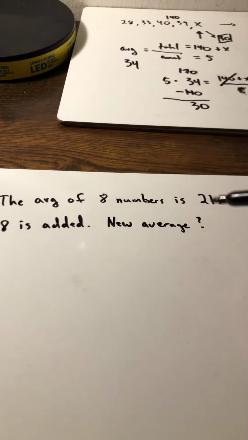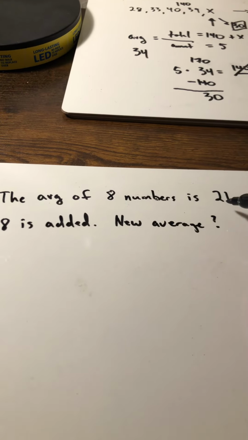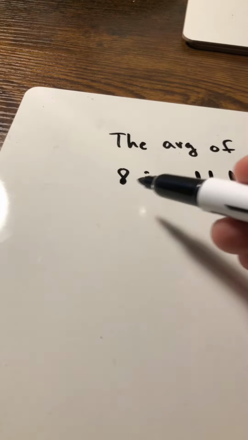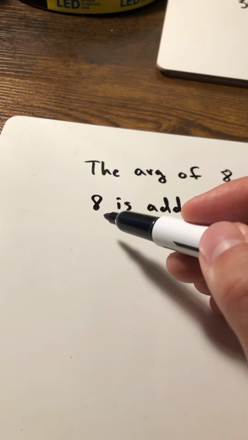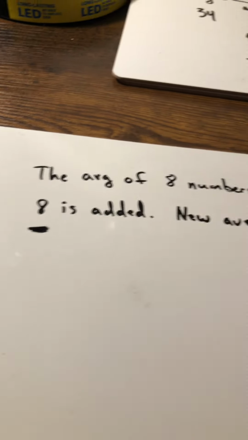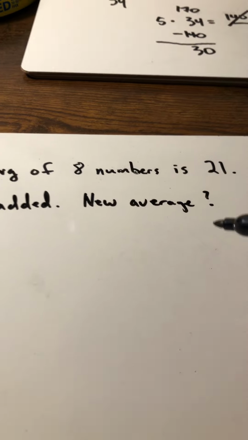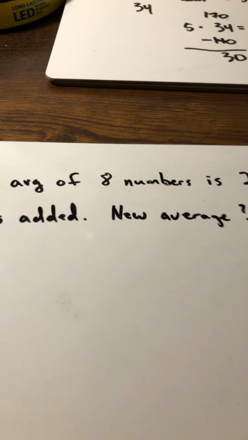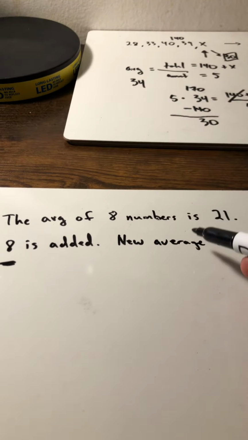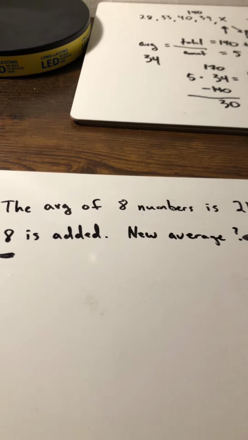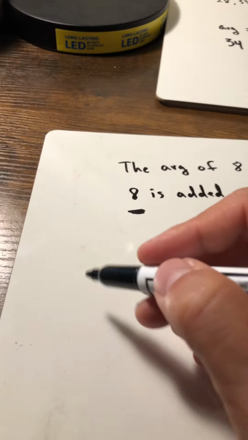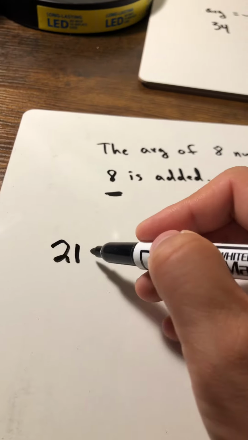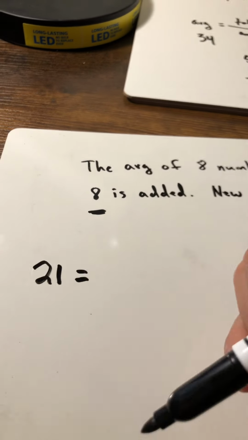The average of 8 numbers is 21. Now we add a new number, 8. What is the new average going to be? So we had an old average for 8 numbers is 21. We can write that out as 21, which is the average, equals the total.